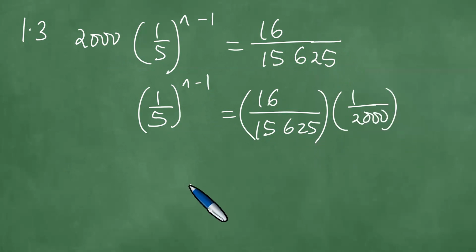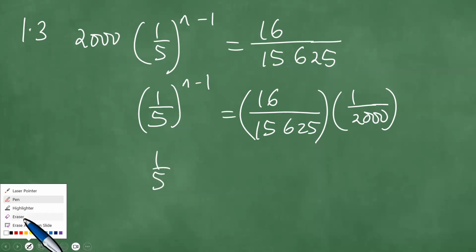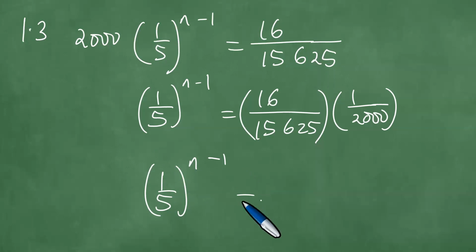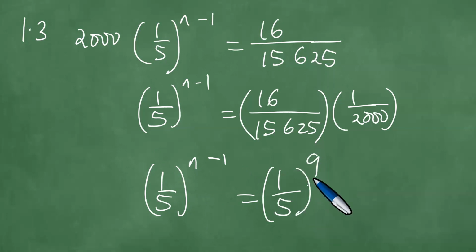Now at this point, use a calculator for the right because it's quite messy. If the right-hand side is very messy, then use a calculator for it. And if you do, this one is 1 out of 5 to the power n minus 1, and it is going to be 1 out of 5 to the 9th power.